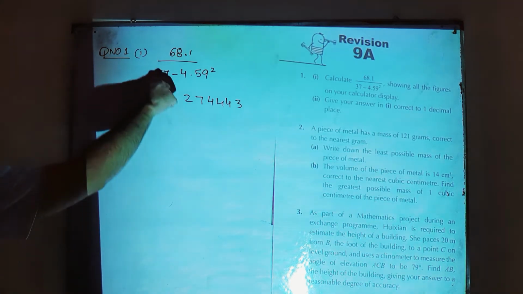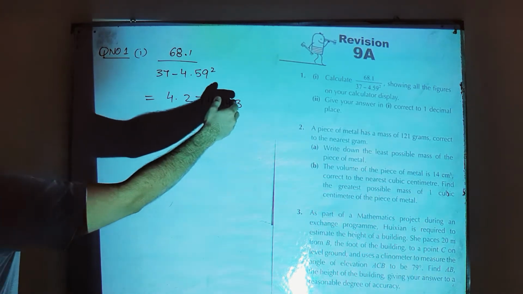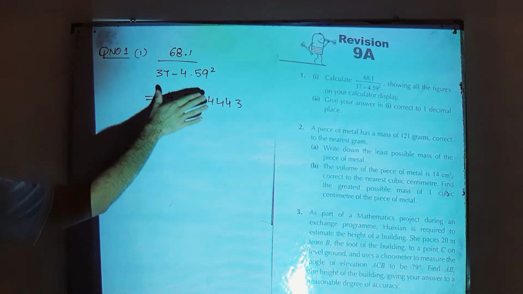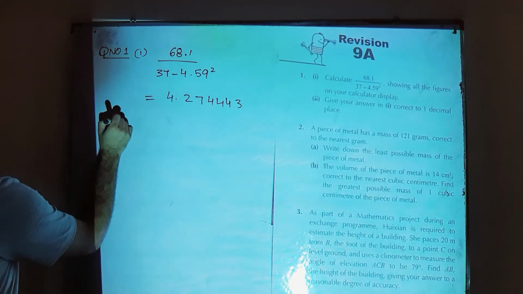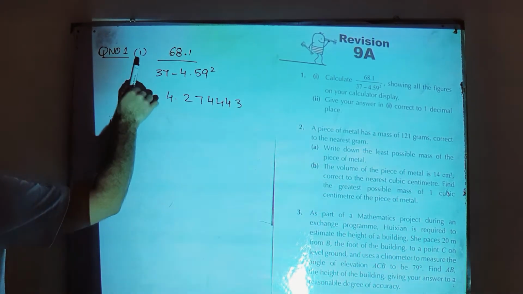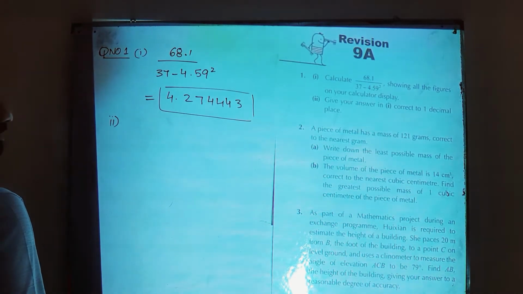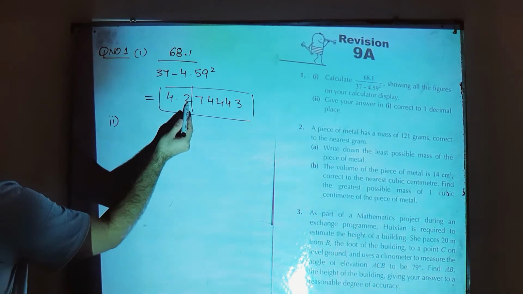Part 1 of question number 1: you need to find the value using a calculator. They have asked you to show it on your calculator display. In part 2, they have asked you to give the answer correct to one decimal place.